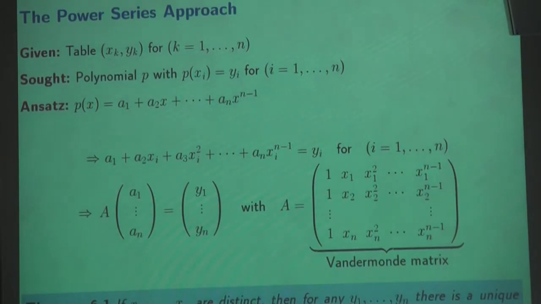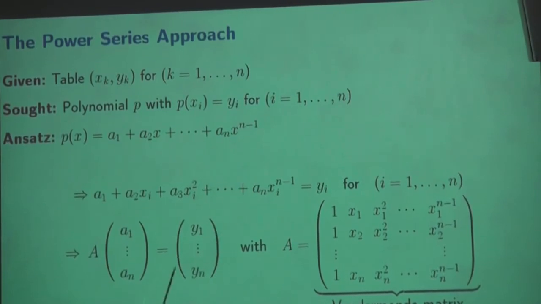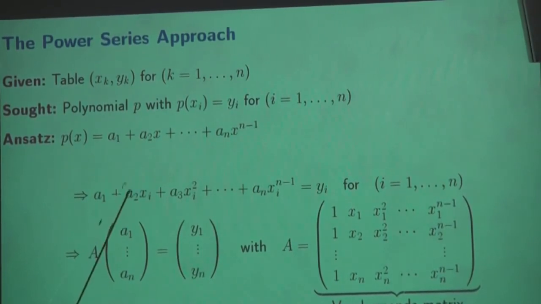The polynomial hits all the points. Okay, and now this is our ansatz. And you see, given n points, we require the degree of the polynomial to be n minus 1, for the obvious reason we have just seen.